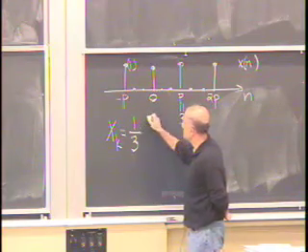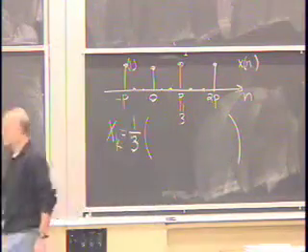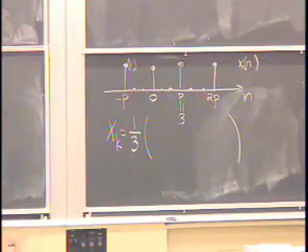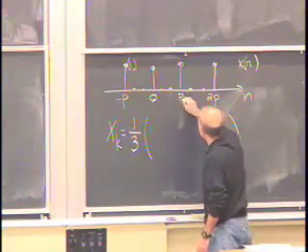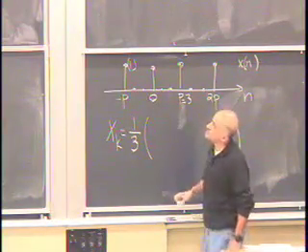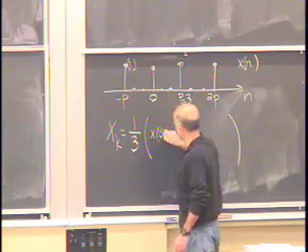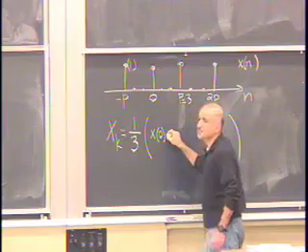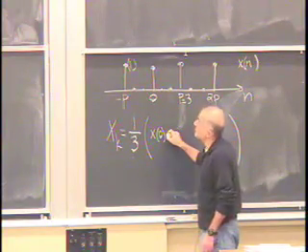The interval that Meatball is picking is 0 to 2. P equals 3. So what's the 0th term? Times e to the i 0.